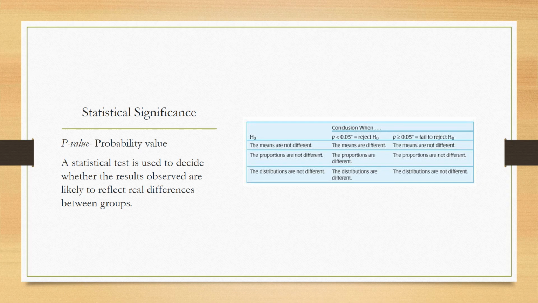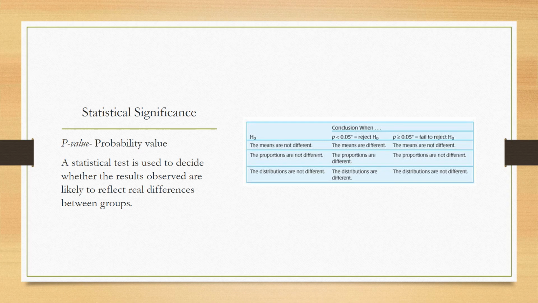The p-value is the probability value. It's a statistical test that's used to decide whether the results observed are likely to reflect real differences between groups. So the null hypothesis, H-naught, means the means are not different.